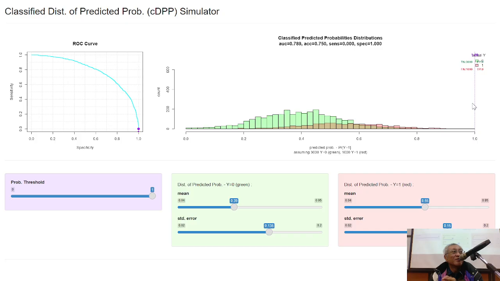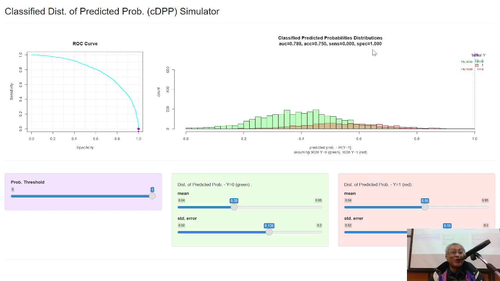Okay, to the extreme, if I set the threshold to 1, then every point will be predicted as 0, right? So I have no chance to detect any positive, so the sensitivity will be equal to 0, right?